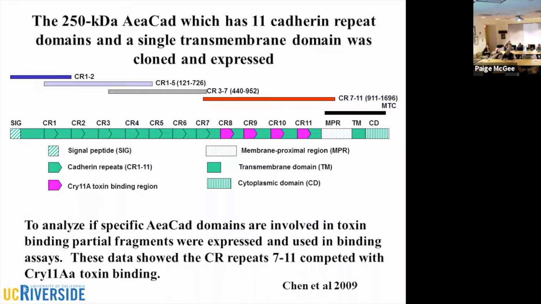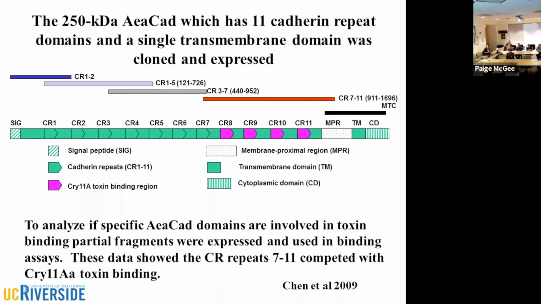If we analyze the binding of this protein, the way we determine which part of this protein is involved in binding to the toxin is we make partial fragments, shown above the cadherin repeats. You have repeats 1 and 2, 1 to 5, 3 to 7, and 7 to 11. We make these domains and use them to compete against binding. Having done that, we found that the cadherin repeats from 7 to 11 were the ones where the toxin binds.